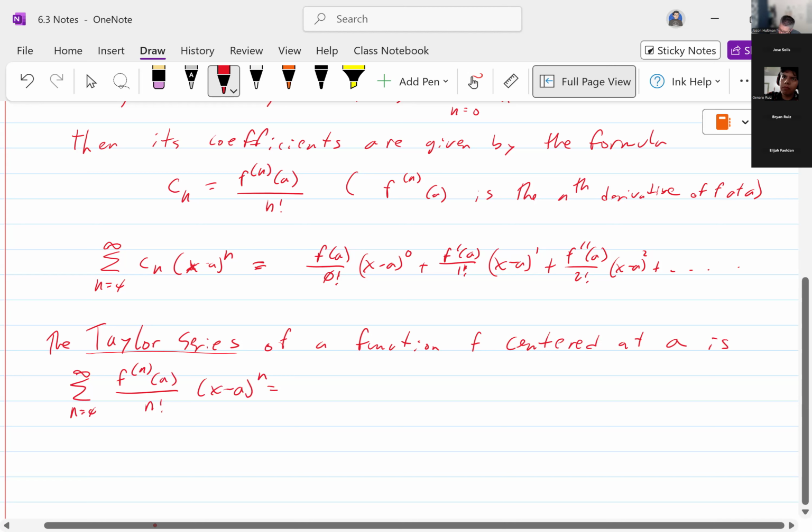This will give f of a plus f prime of a times x minus a plus f double prime of a over 2 factorial times x minus a squared plus f triple prime of a over 3 factorial times x minus a cubed plus, and it just goes on forever.